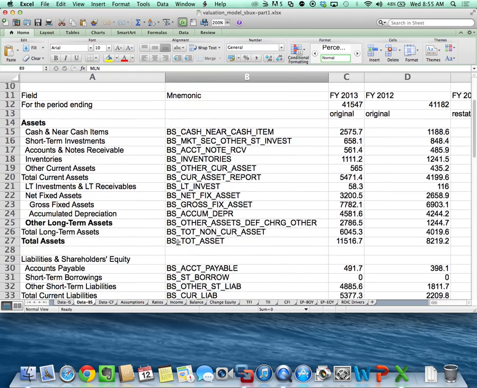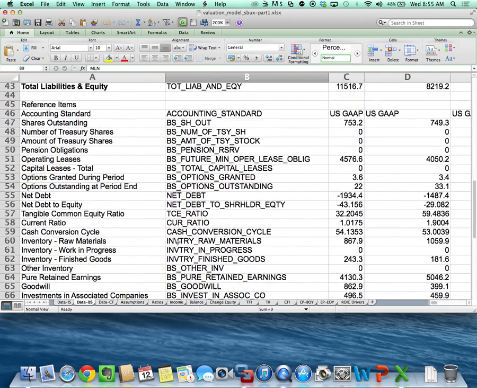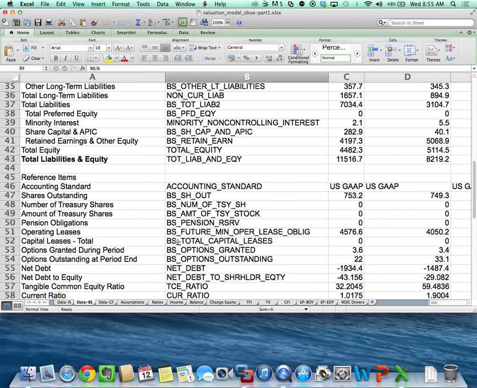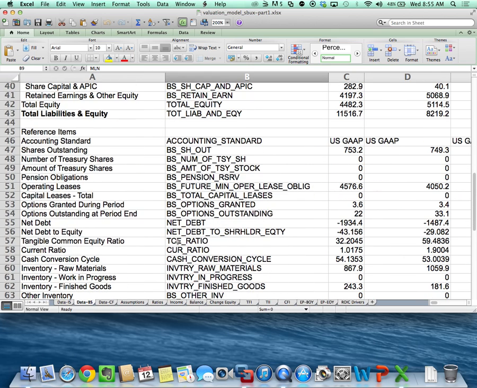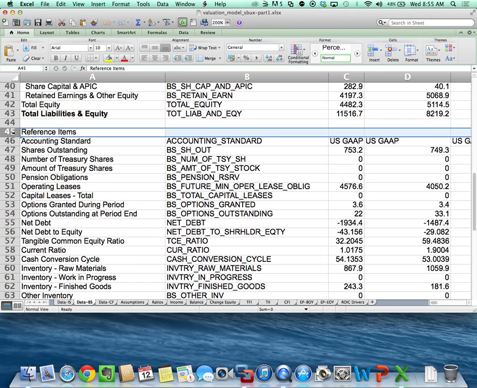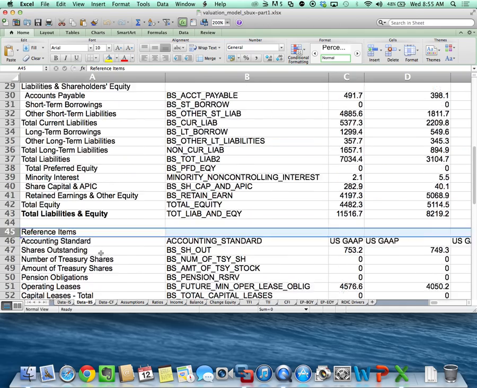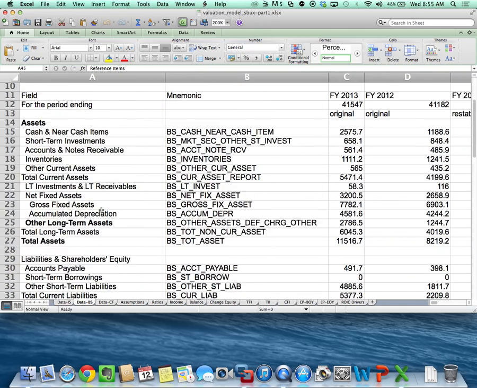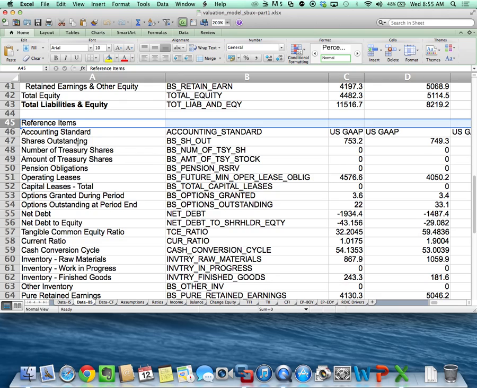Unfortunately, there's a couple of items that we need that are on the balance sheet that Bloomberg puts into a section called reference items. So when you export data from Bloomberg, in addition to their standardized financial statements, at the bottom of their statements are what they call reference items.